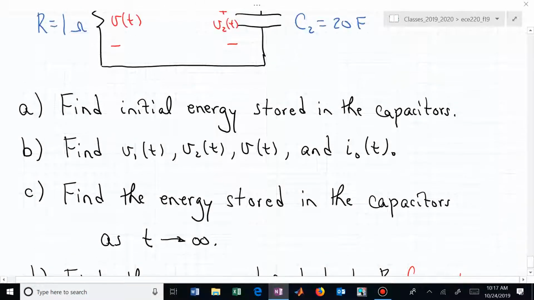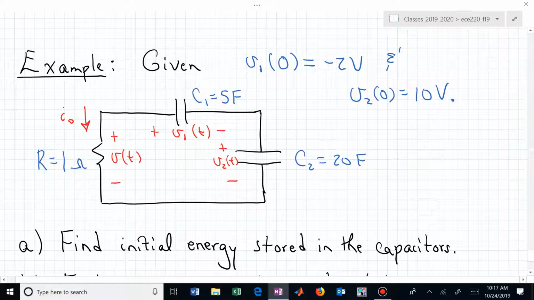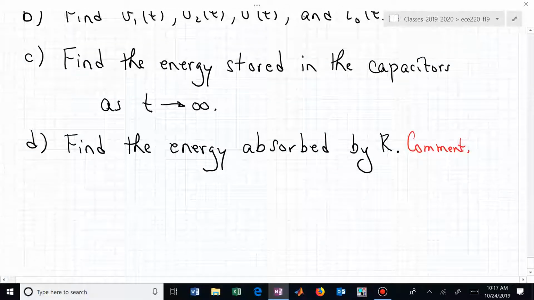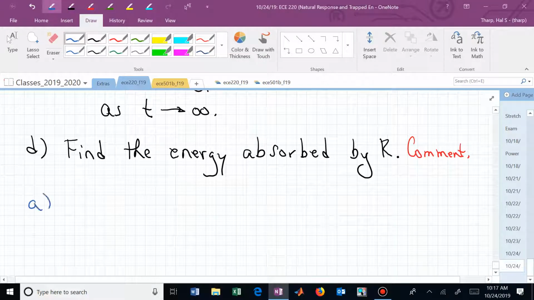Question A, find the initial energy stored in the capacitors. Do you have information enough to determine that? We know the formula for energy. That's 1/2 CV squared. And at time 0, we know exactly what those voltages are. That's a given piece of information for this problem. The initial energy stored in the capacitors is not that difficult to find.